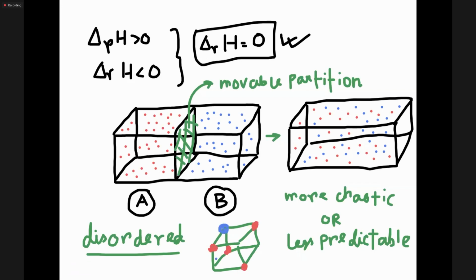One atom is here, another here, another here, and then another here. And let's say another particle is sitting in the middle. So in a crystal lattice structure, it will be the lowest entropy state because it is the most ordered state. All the atoms are in a specific position, and that's why the crystal structure is the lowest entropy structure.